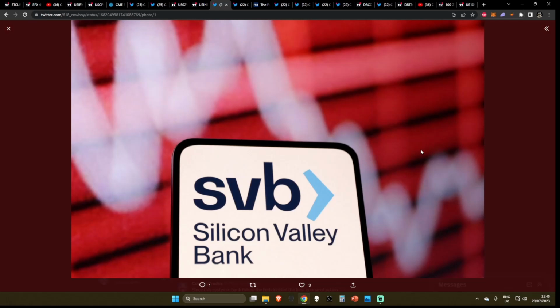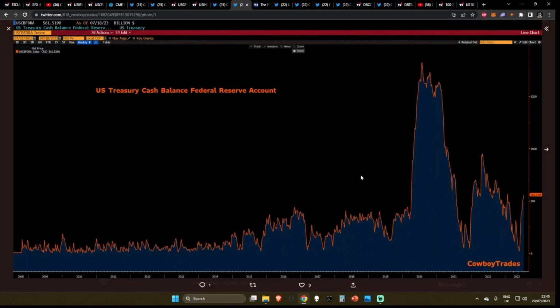in banks quite recently. Now, since the failure of SVB and a bunch of other banks, the Fed decided the best course of action was to inject some small liquidity into their treasury cash balance sheet for banks to use as a means of last resort. If we come over to the US Treasury cash balance, Federal Reserve account, that is a mouthful. A chart over on Bloomberg, you can see, roundabout 2023, when SVB happened, we saw that dramatic increase in the Treasury cash balance.